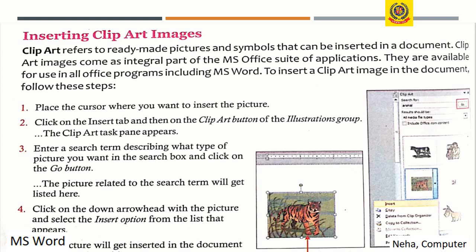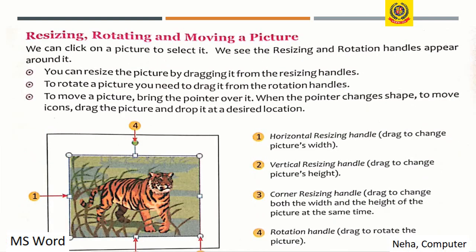So when Microsoft Office is installed in the computer system, some ready-made pictures are also installed with it. These ready-made pictures and symbols can be retrieved from the clipart. We can get the pictures from clipart images, and we are going to see this even in Microsoft Word.